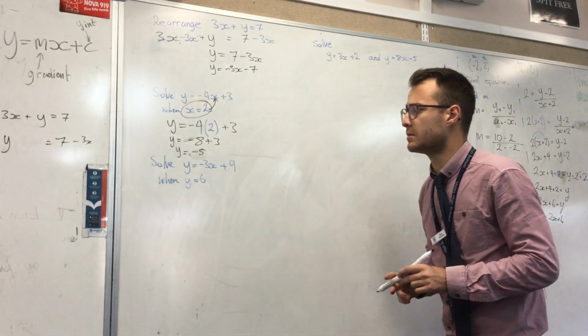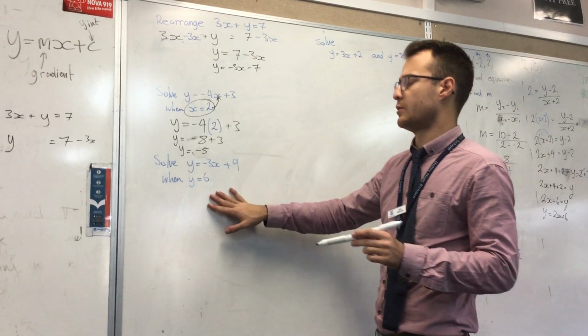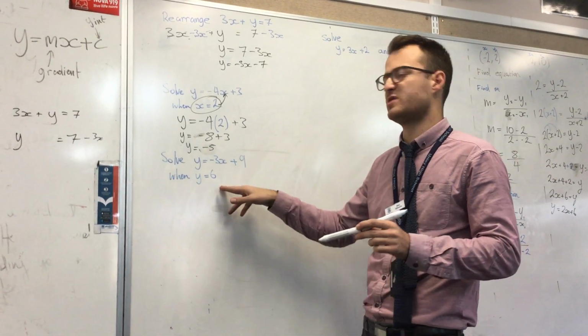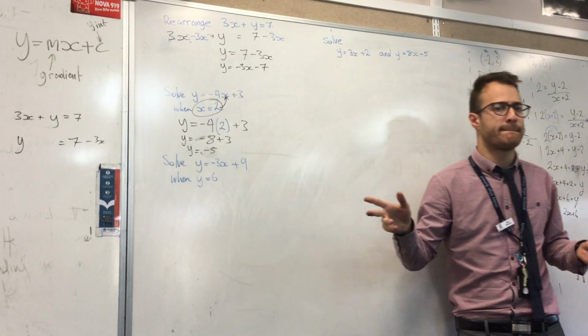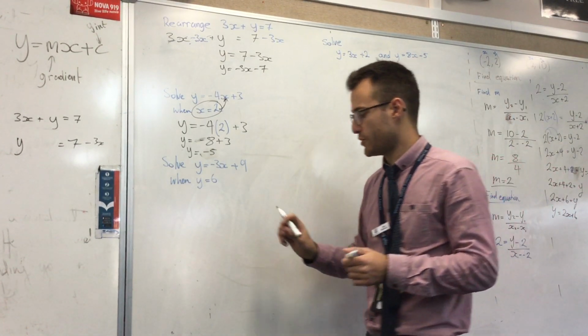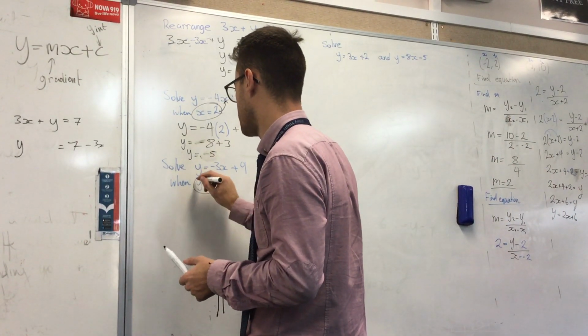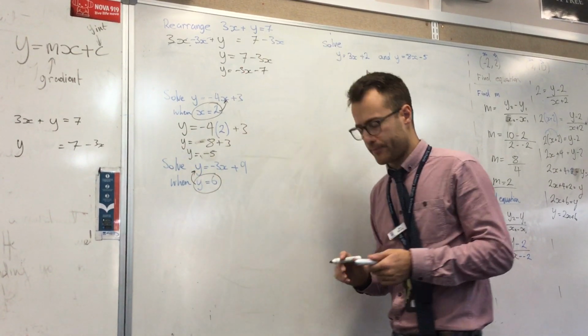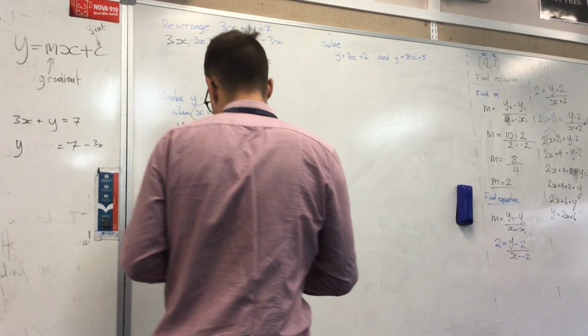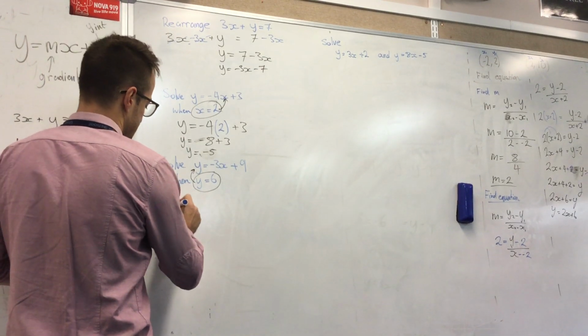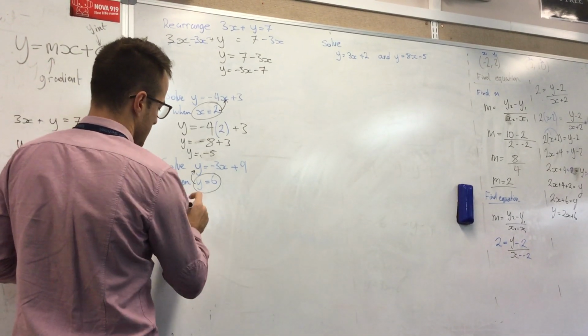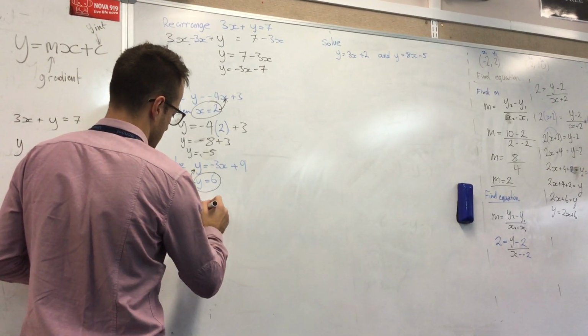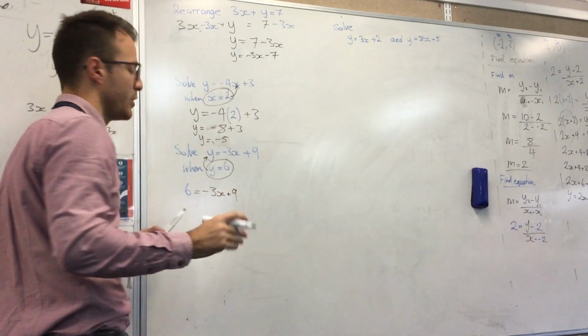Alright, so, next question. We want to solve when y equals 6. What's our first step? Substitute y. Beautiful. Substitute y in there, okay? So that's going to give us 6. Are we all understanding of that?